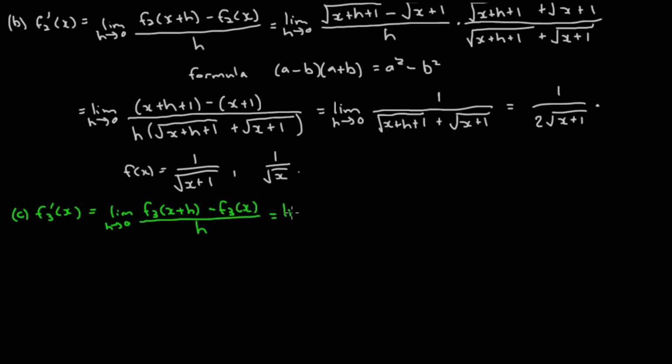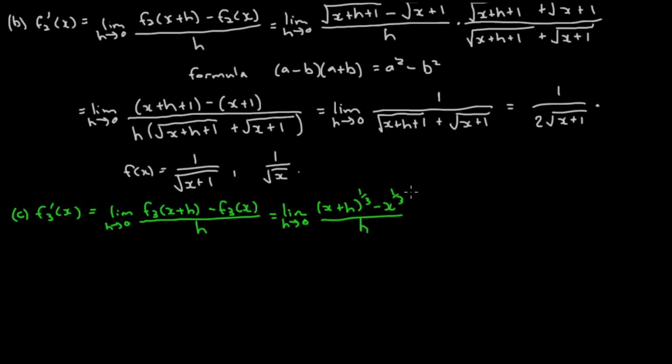We substitute in our values for the function. We get the limit as h approaches 0 of x plus h to the 1/3 minus x to the 1/3 all over h.